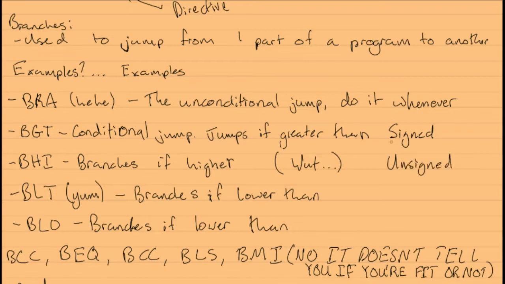Your signed number can tell you if you have a negative number or not, and your unsigned number basically can't. So if you have an unsigned number, you would want to use branch high. But if you have a signed number, then you want to use branch greater than. And it's really up to you to know when to use both of those branches.